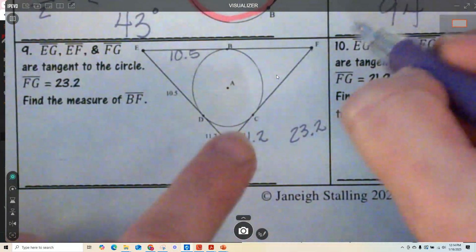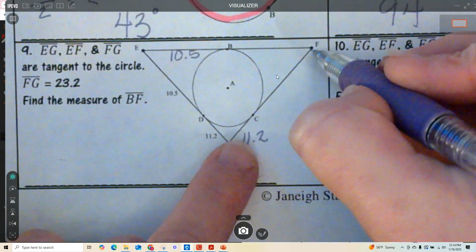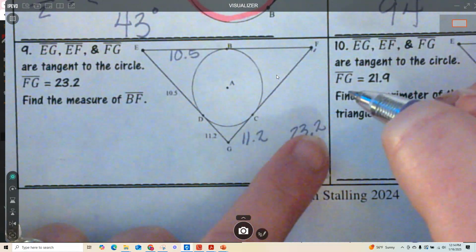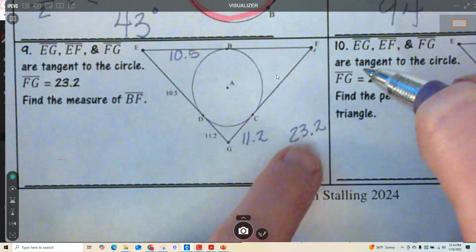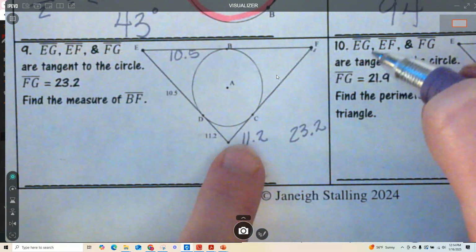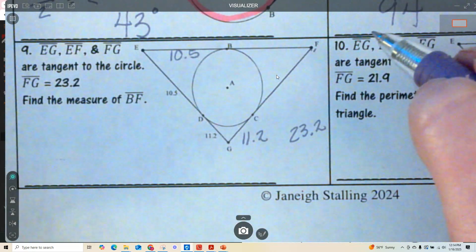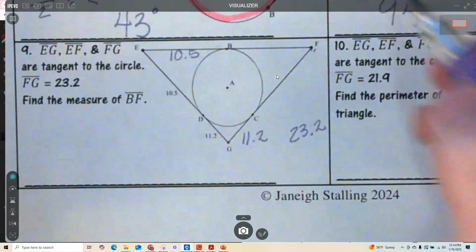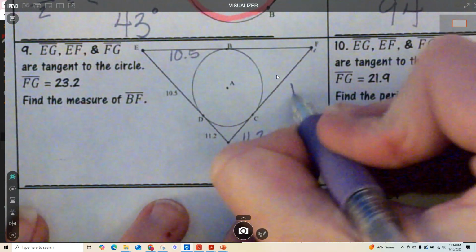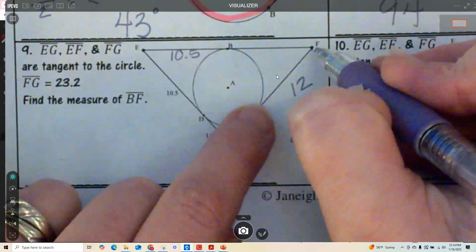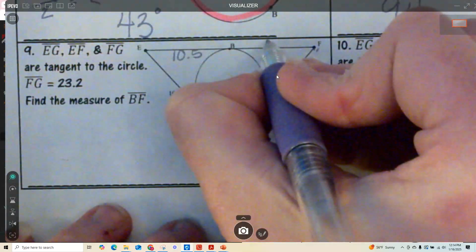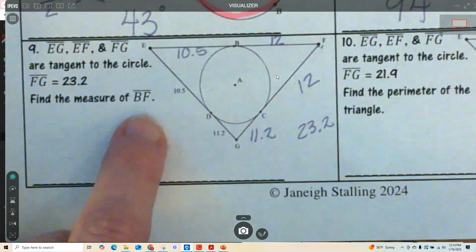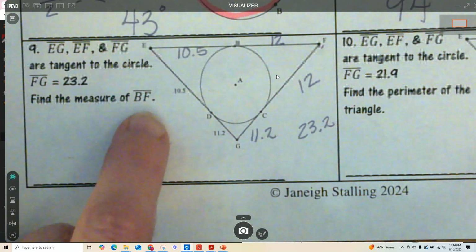Since I know the total distance of this piece, I can take the total distance and subtract this section to get this piece. Somebody do it for me. 23.2 minus 11.2. What is it? 12. If from F to C is 12, then from F to B is 12. And that's the measurement it wants, 12.